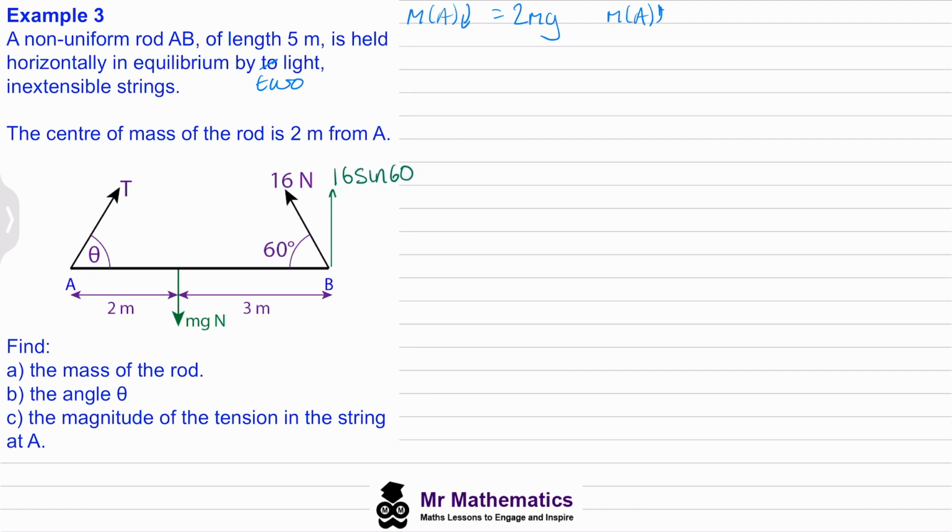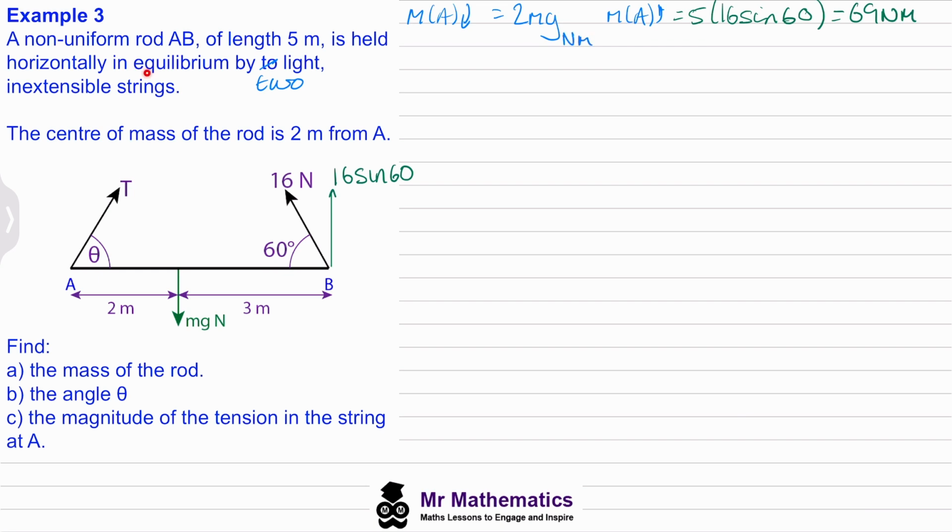This will be the force applied perpendicular to the rod, and we'll multiply that by the distance 5. This will be 5 times 16 sine 60, which is 69 Newton meters. I should also have included Newton meters here as well.